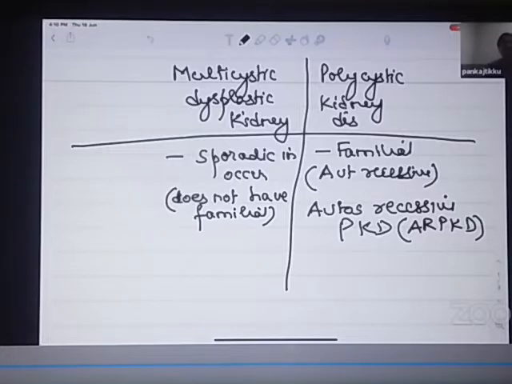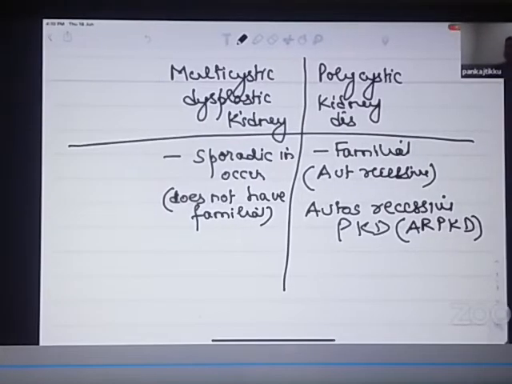If someone says this person is suffering from an autosomal dominant polycystic kidney disease, this is an adult type where the inheritance is autosomal dominant. So polycystic kidney disease in children has an autosomal recessive inheritance pattern, while in adults it has an autosomal dominant inheritance pattern.